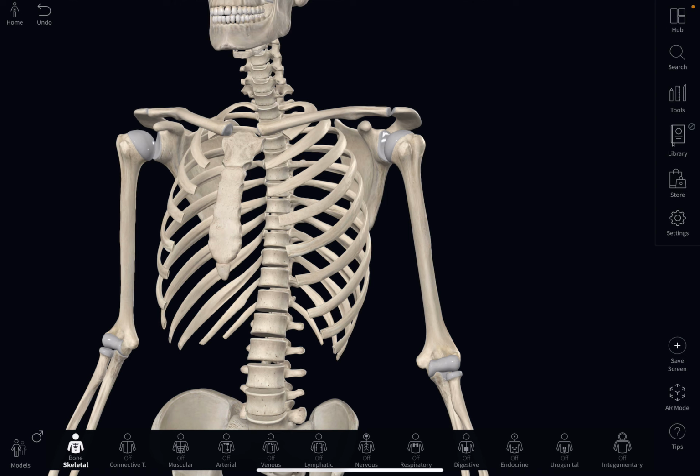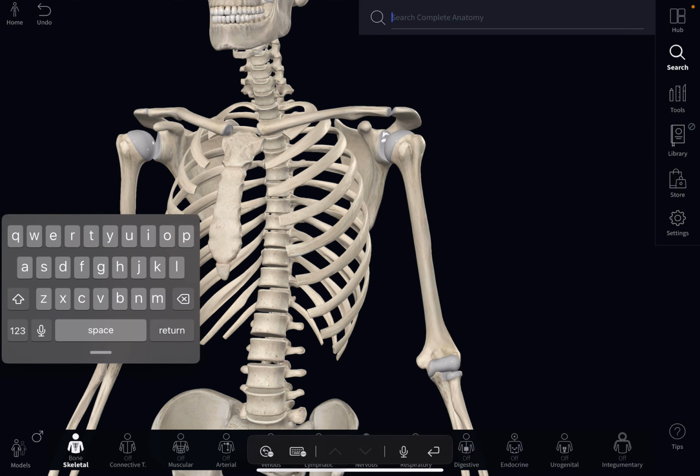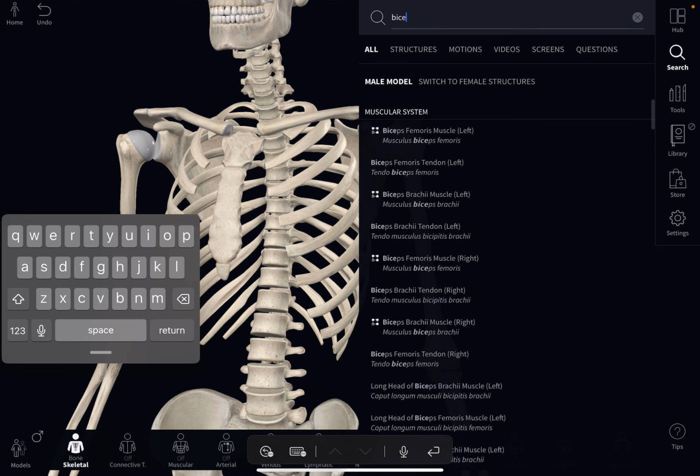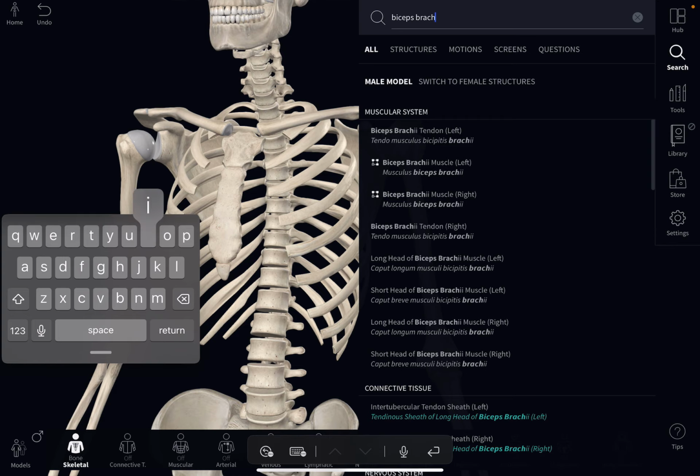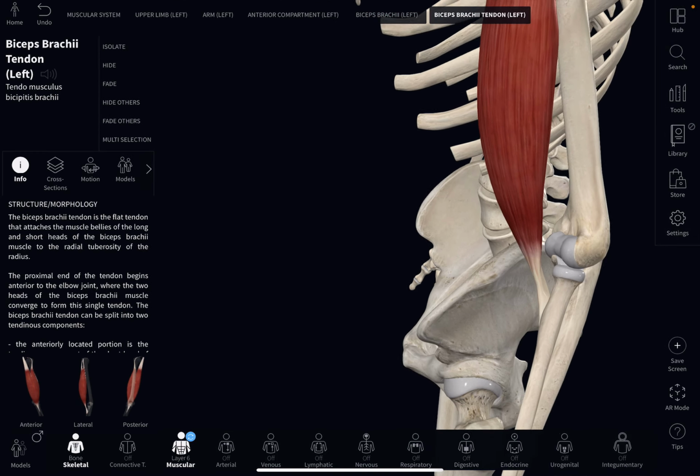Please remember that the intertubercular sulcus is also known as the bicipital groove. Why is it called the bicipital groove? Because the long head of the biceps brachii lies in this groove. Let us find this muscle, biceps brachii. There is also a biceps femoris muscle, so it is important to remember this muscle as the biceps brachii.